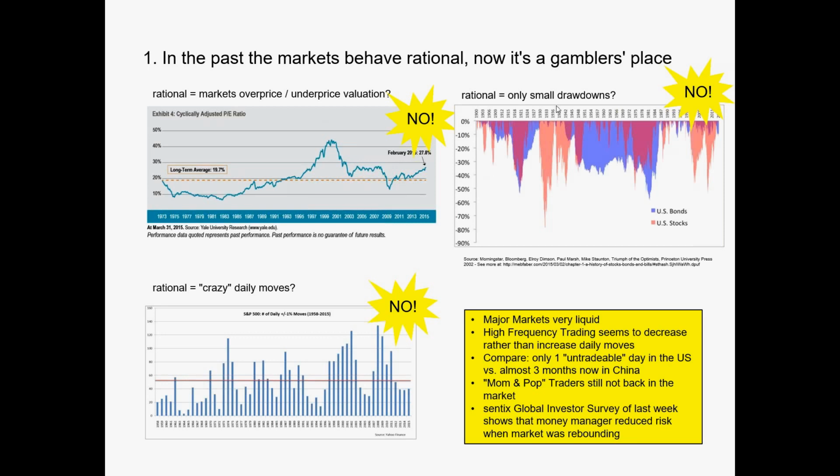Another ratio you could use is where did we have big drawdowns in the market, in the bond market as well as in the stock market. And actually you have to say, well, 2007, 8, 9, and about 2001, these were really big moves.